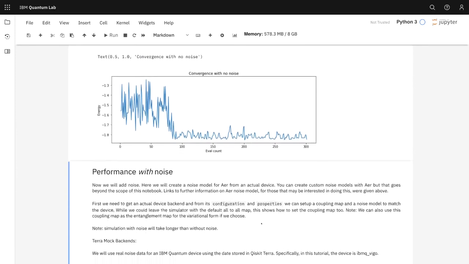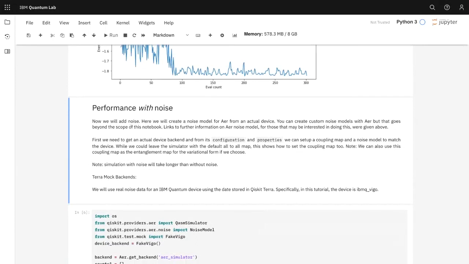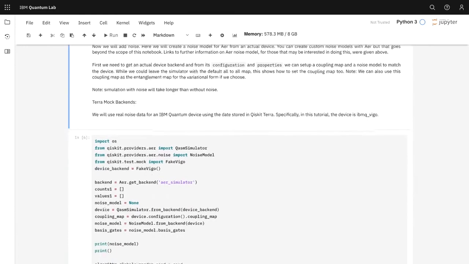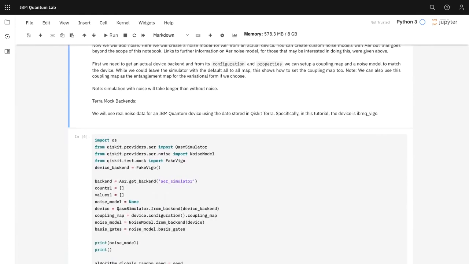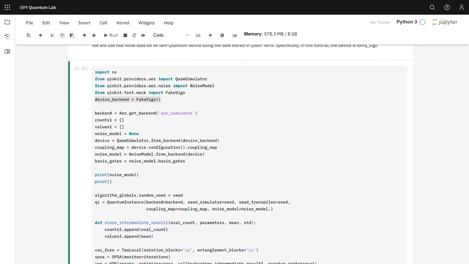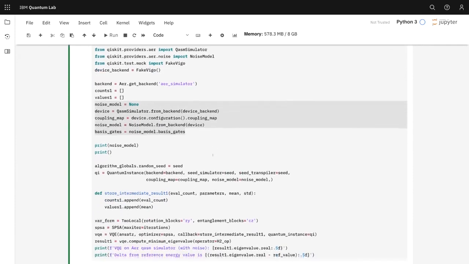So now you can add noise to the simulations. We do it here using the mock devices. So here we use the fake Vigo device. This is a 5-qubit machine. And essentially everything is the same, except that we add this block that's responsible for the noise.